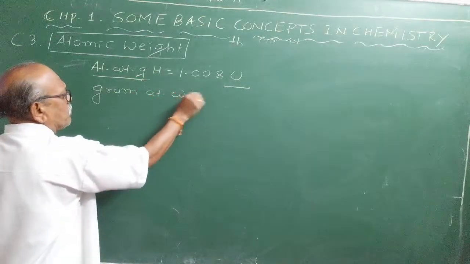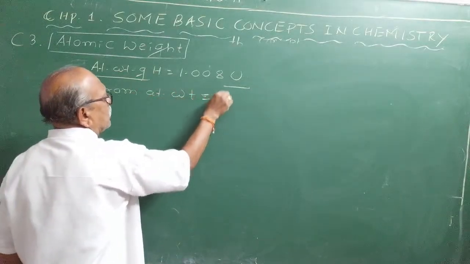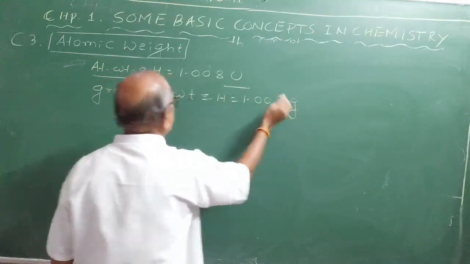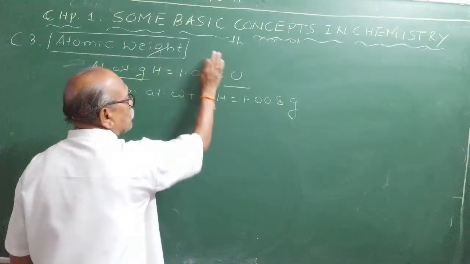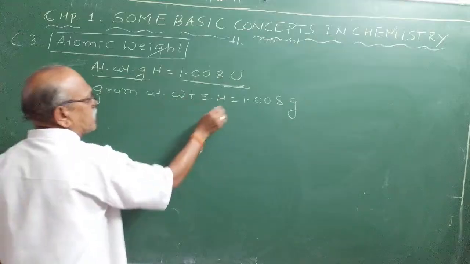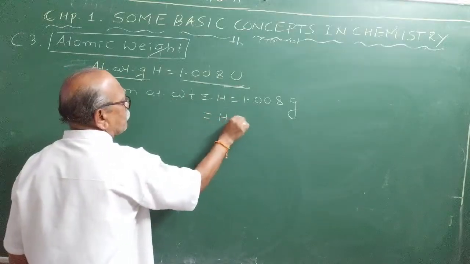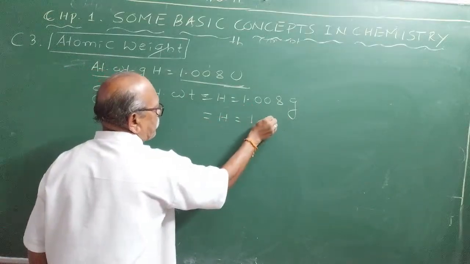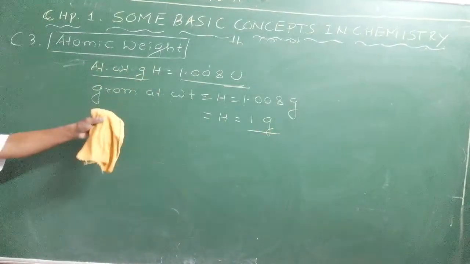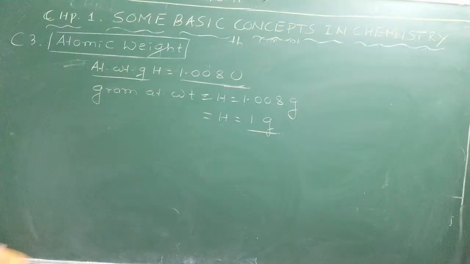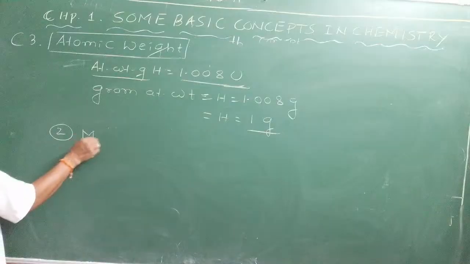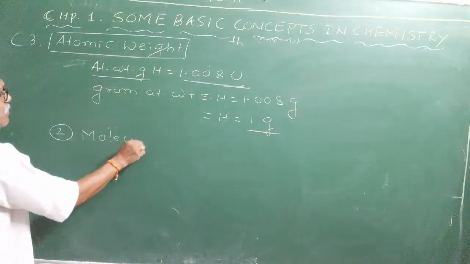The gram atomic weight of hydrogen is taken as 1.008 grams. Actually, it is a relative number. Therefore, we take it as 1.008, and for practical calculations as 1 gram. Now, similarly, we can define molecular weight. What is the difference between atomic weight and molecular weight?